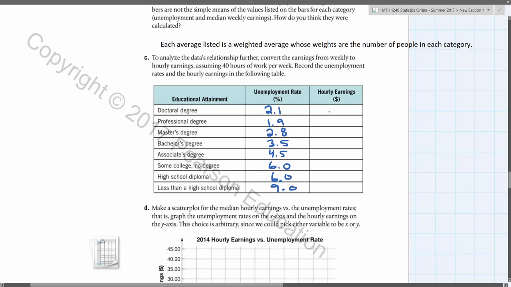Then the hourly earnings, like I said, I'm just going to go ahead and calculate those, and I'm going to round to the nearest cent every time.